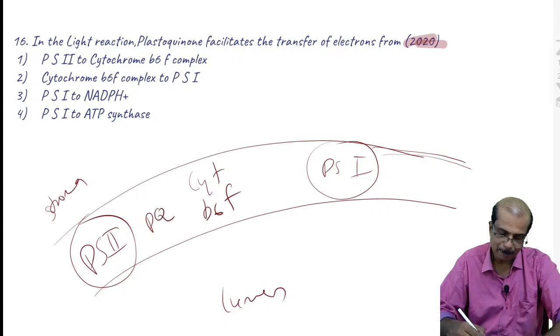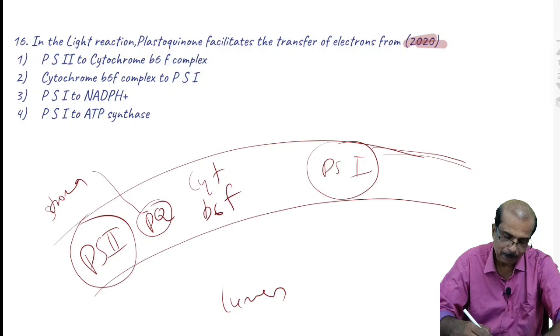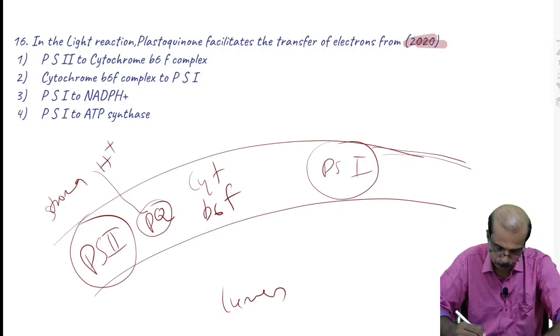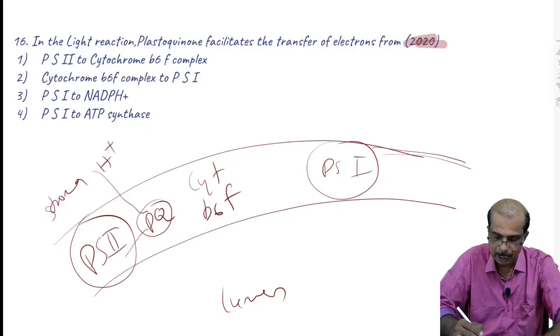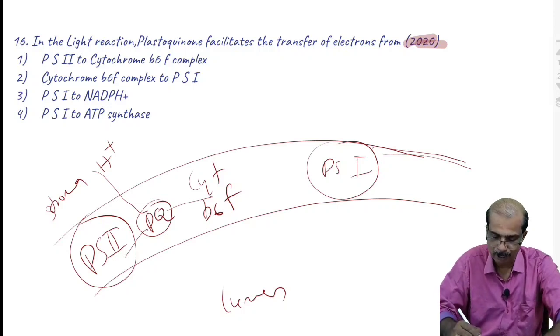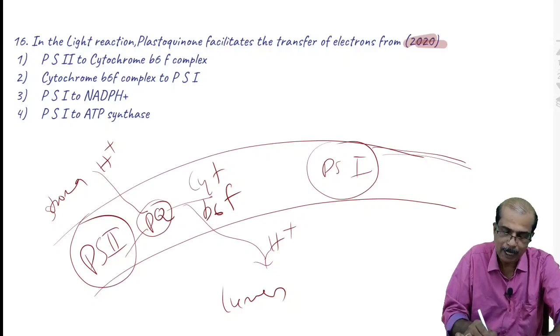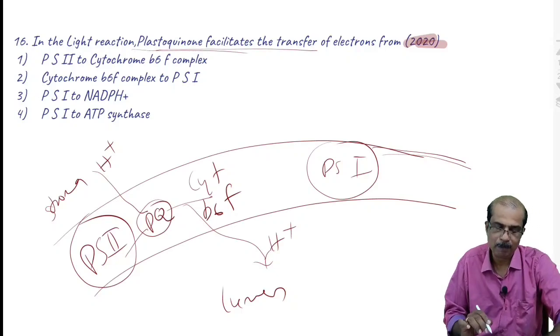Plastoquinone is placed here. It is a proton acceptor. It accepts protons from stroma, electrons from PS2, and transfers electrons to cytochrome B6F, and passes the protons to the lumen side.